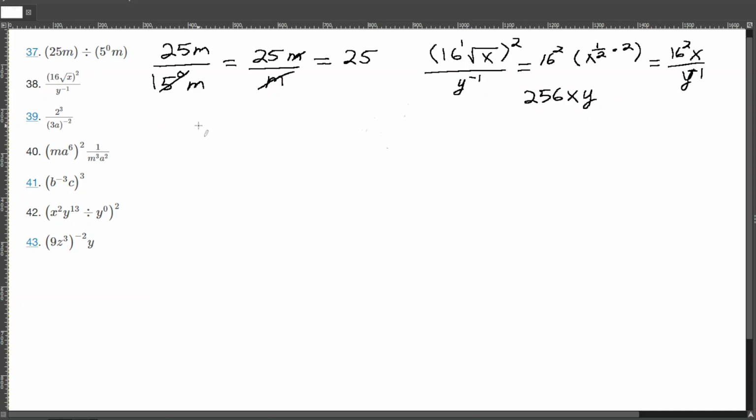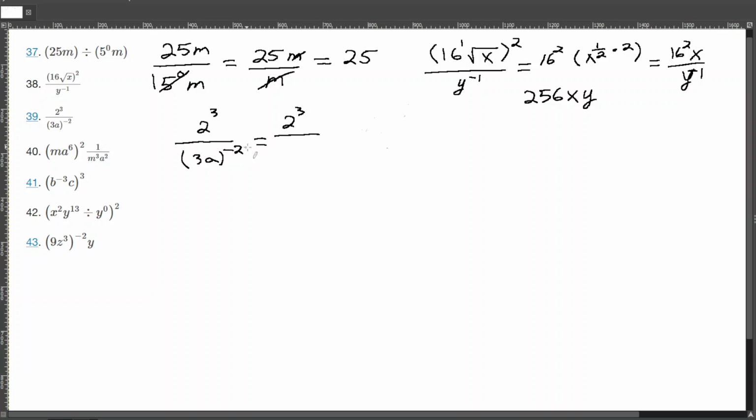So now we have 2 to the third power over 3a, and all this is to the negative 2. This is the power of a power rule on the bottom. Let's just leave it like this. I'm just thinking of the different approaches we have.